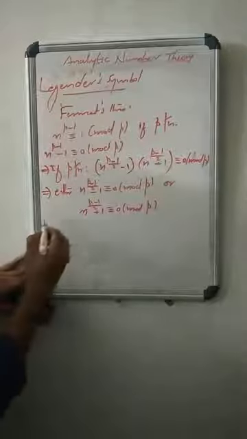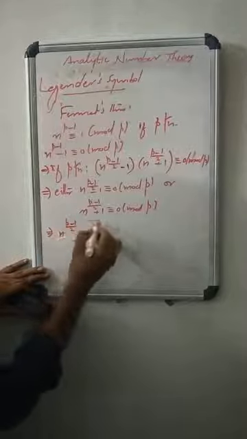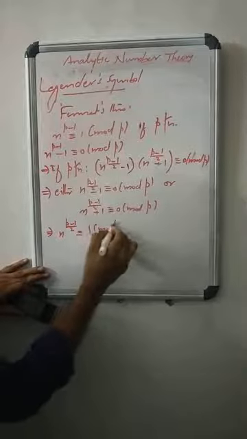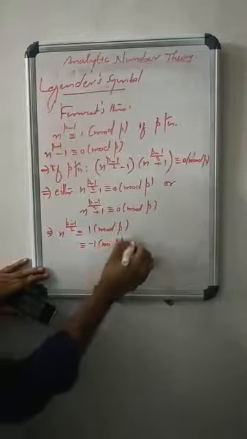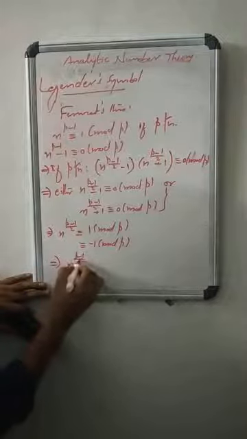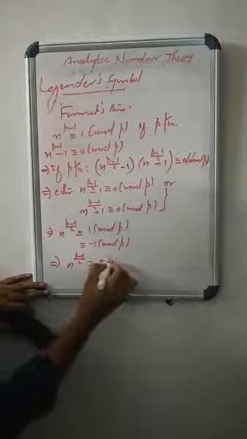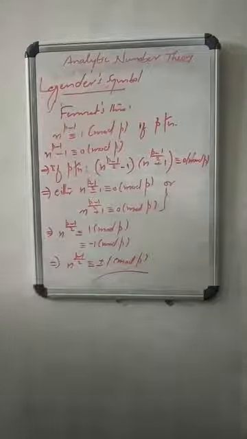So that means n^((p-1)/2) is congruent to 1 mod p, or it is congruent to minus 1 mod p. So n^((p-1)/2) ≡ ±1 mod p. This is an important result. Where is it obtained from?